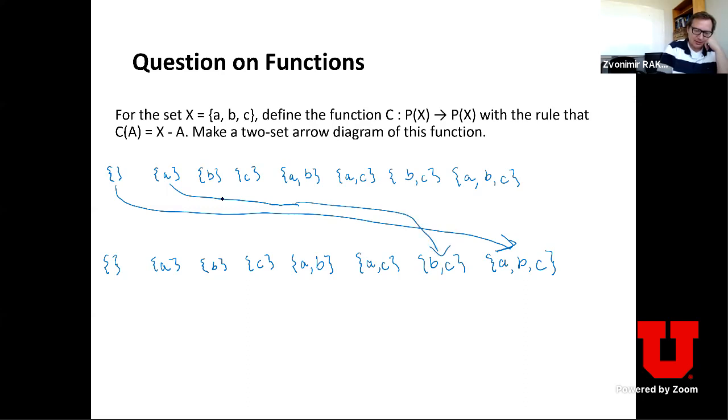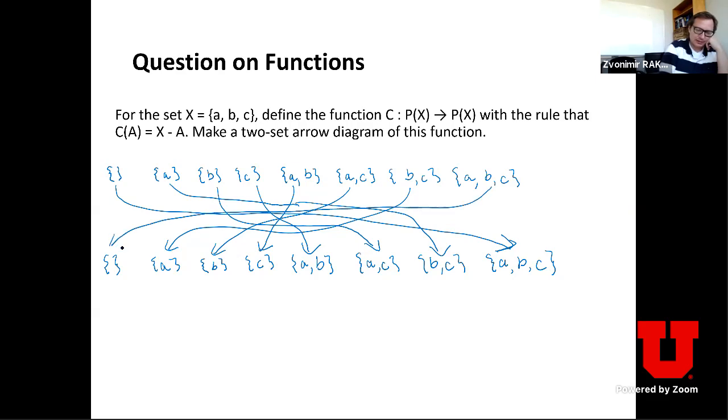Then we have ABC minus B. That's AC. ABC minus C, AB. ABC minus AB, C. ABC minus AC, B. ABC minus BC is A. And ABC minus ABC is an empty set. So this is the two-set arrow diagram for this function.